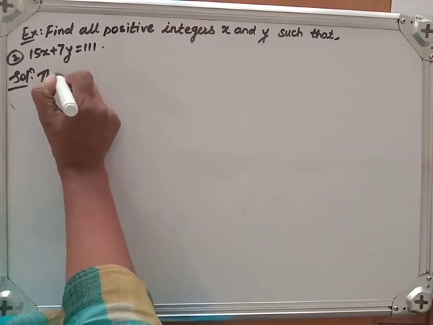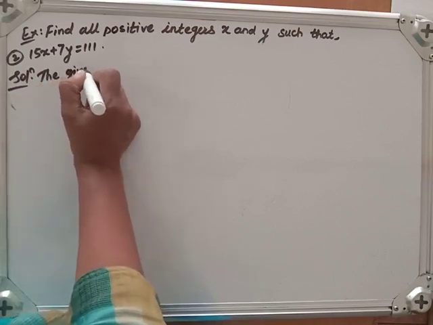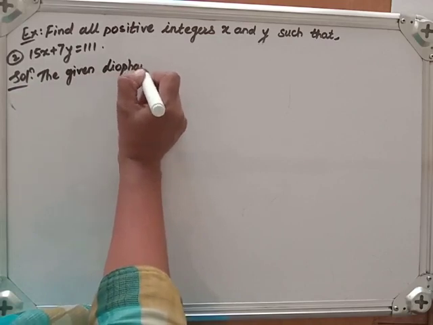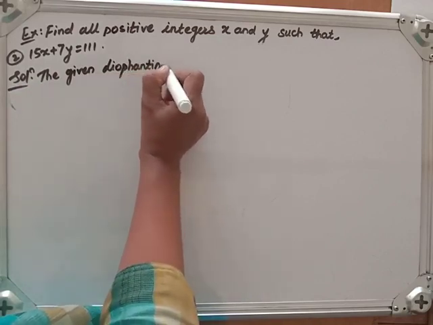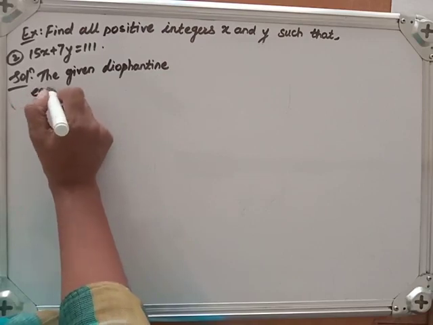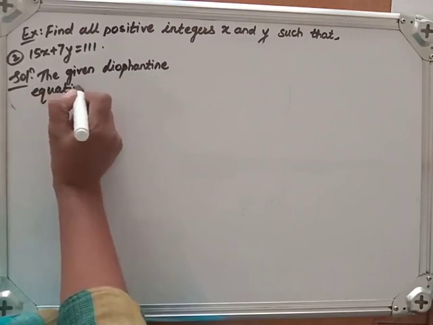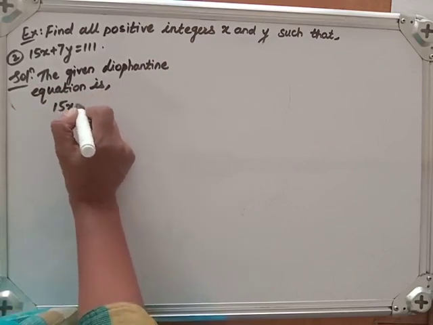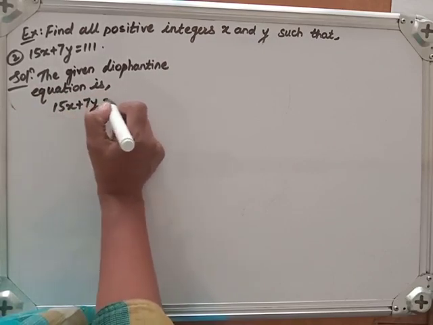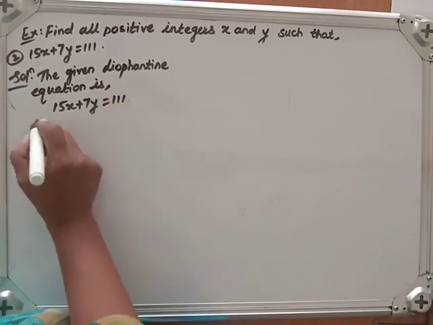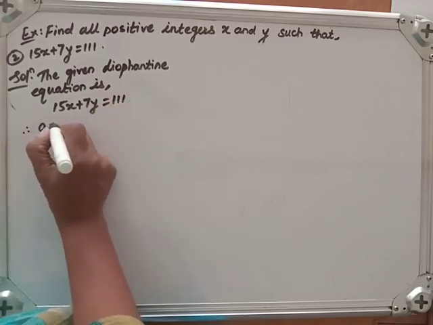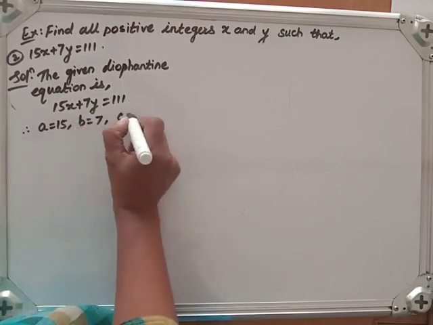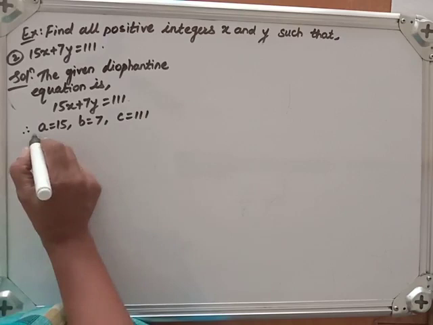The given Diophantine equation is 15x plus 7y is equal to 111. Therefore, A is equal to 15, B equal to 7 and C is equal to 111.